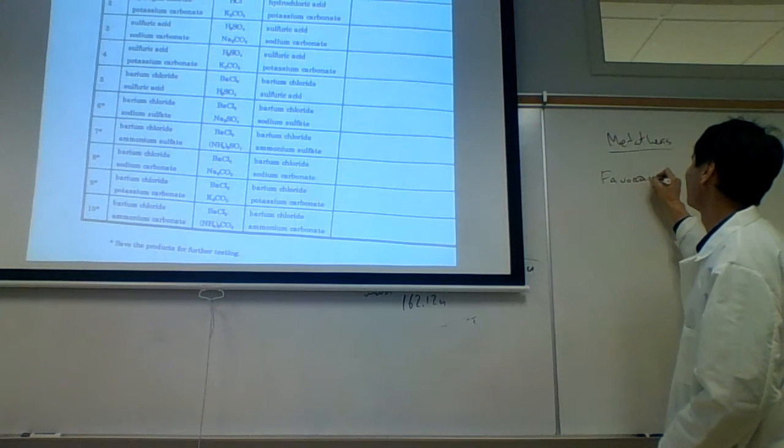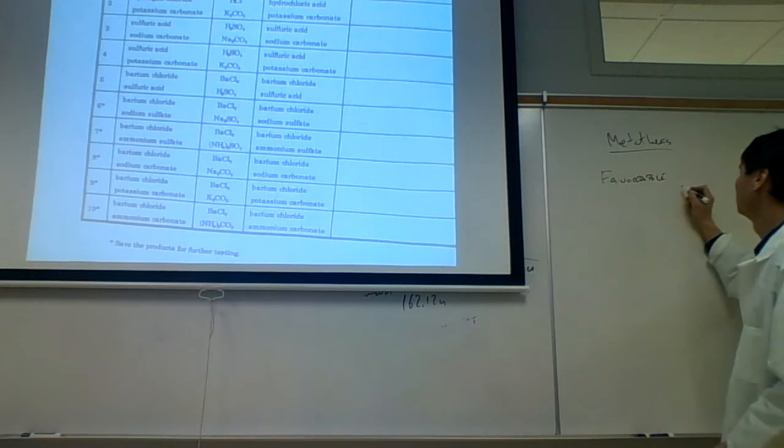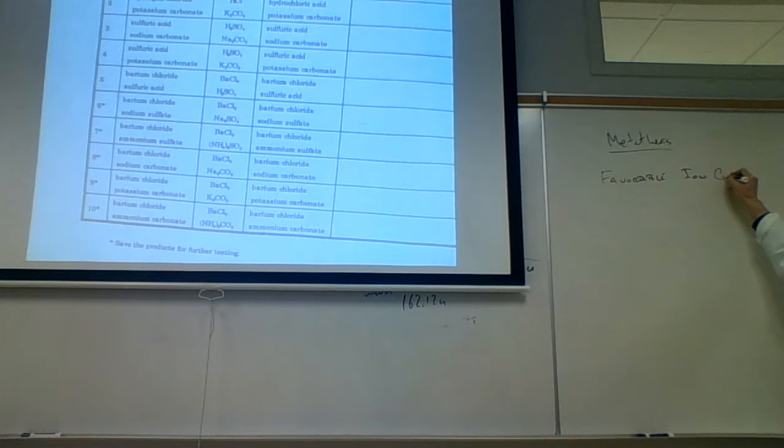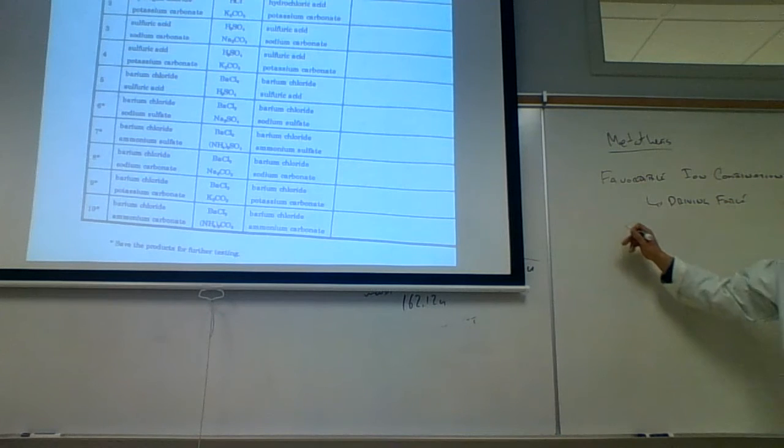Favorable ion combinations are what we call the driving force for the reaction. If there's no driving force, then there's no reaction. So no reaction means no change. Sometimes it looks like there's no change, but there's heat evolved. Sometimes there is no change. And so what are the driving forces?